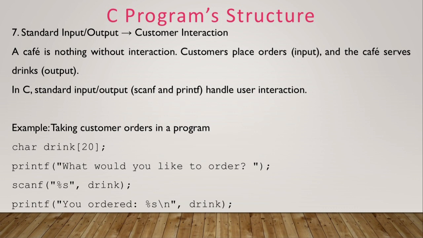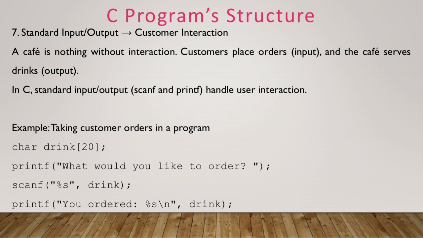When I ask what would you like to order, maybe the person in the cafe understands. The computer prints it on the screen if I give the same command, and then waits for input from the user.